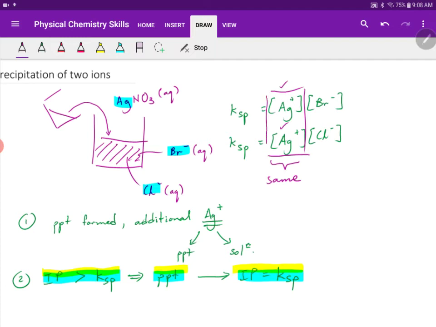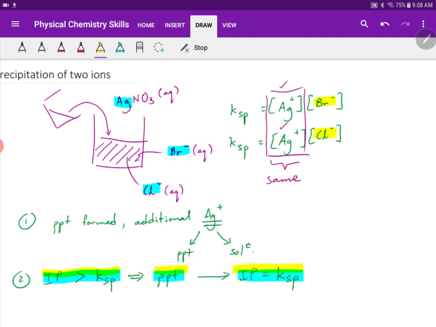So the Ag plus concentration is the same for both of these KSP values, and the only thing that determines whether it precipitates or not is the value of Br minus and Cl minus in the solution.